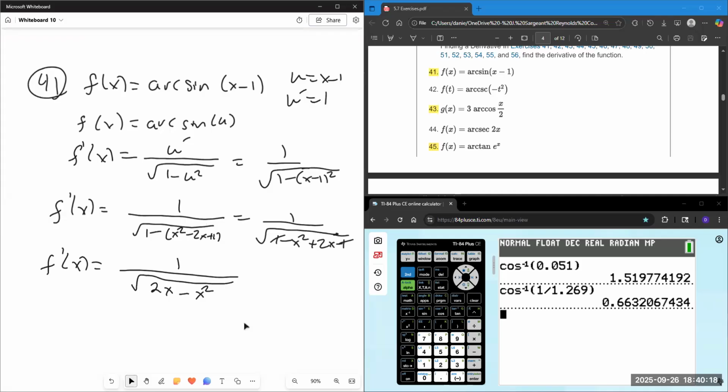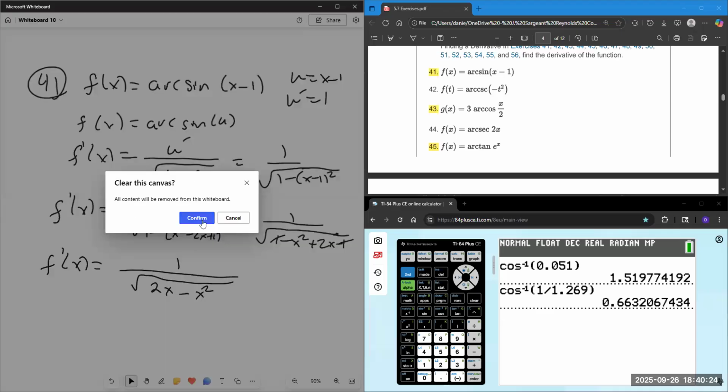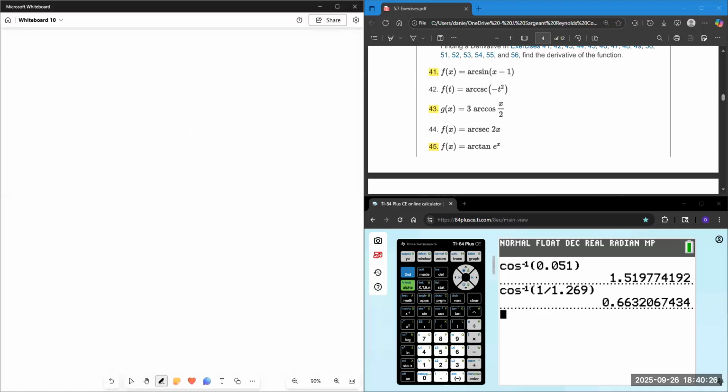So let's look now at number 43. g of x is 3 arc cosine of x over 2.